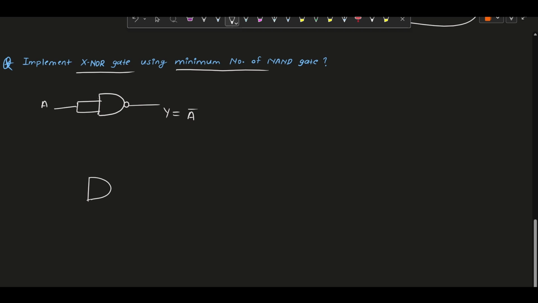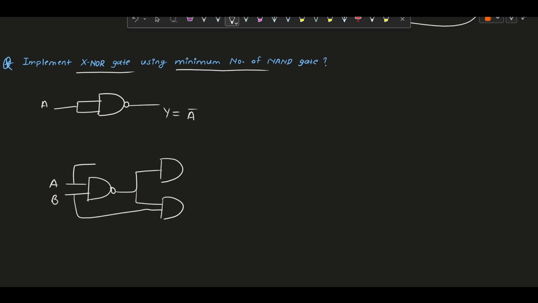So that is the previous circuit that we have implemented for the XOR gate. So same concept, nothing new we need to see here. Just we need to connect a NOT gate at the output of the XOR gate. So this is the XOR gate output using the NAND gate implementation.